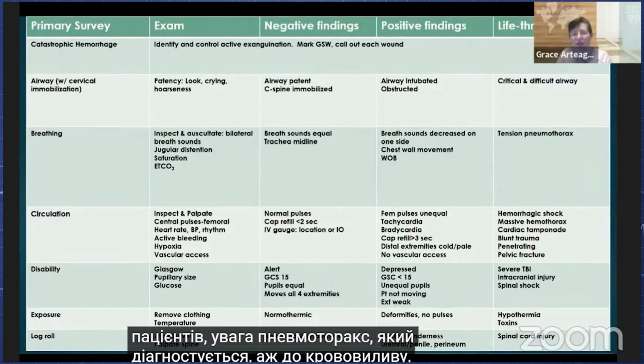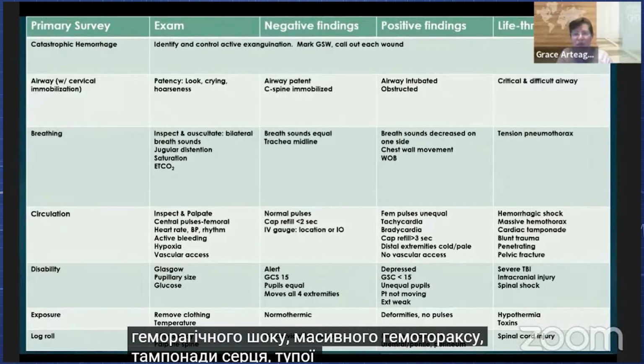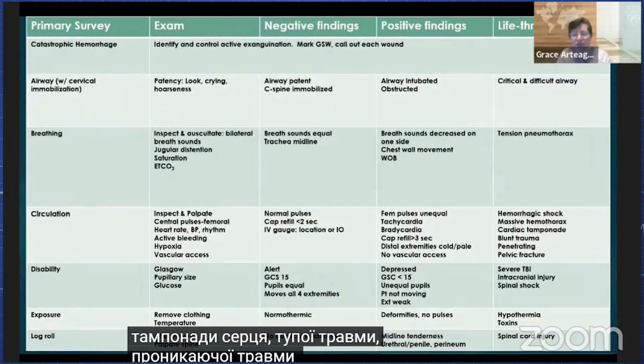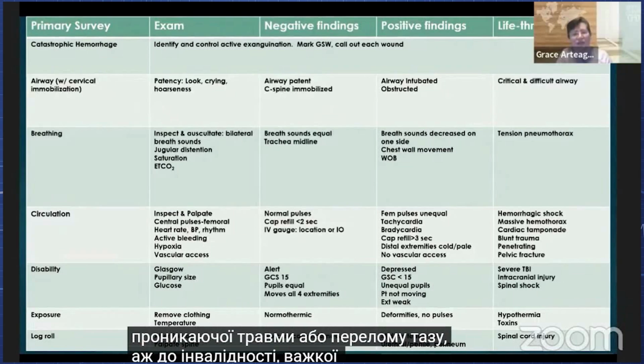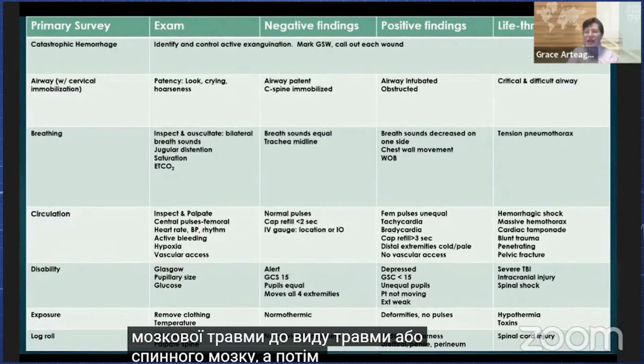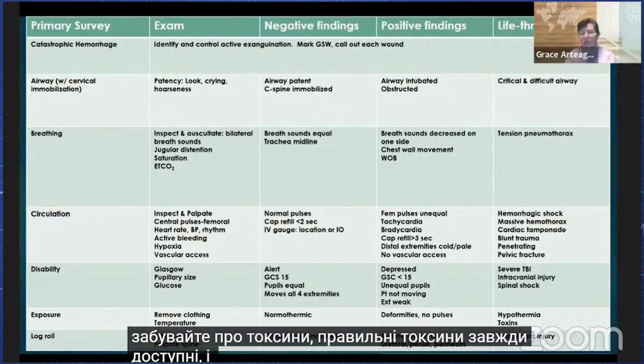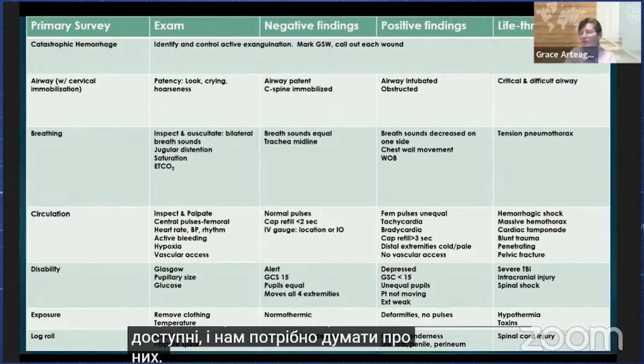As far as hemorrhagic shock: a massive hemothorax, cardiac tamponade, blunt trauma, penetrating injury, or a pelvic fracture. As far as disability: severe traumatic brain injury, intracranial injury, or spinal shock. And then hypothermia. Never forget toxins, right? Toxins are always available, and we need to think about those.